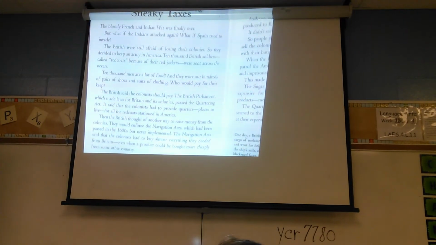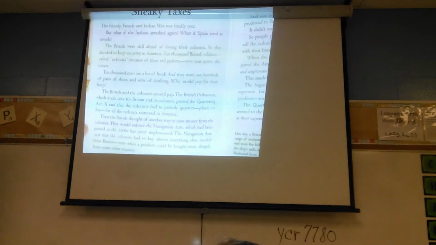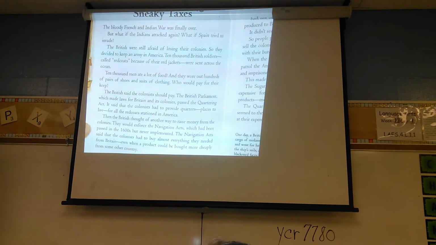Then the British thought of another way to raise money from the colonies. They would enforce the Navigation Acts, which had been passed in the 1600s but never implemented. The Navigation Acts said that the colonists had to buy almost everything they needed from Britain, even when a product could be bought more cheaply from another country.